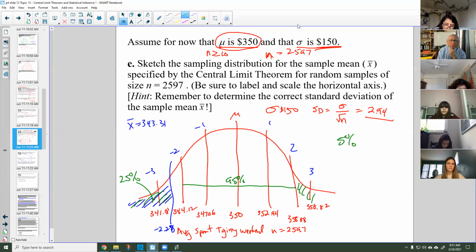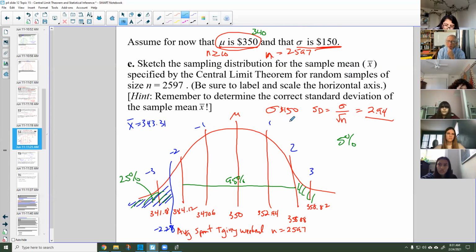So they're saying change this right here to be 340. Will my standard deviation change? Will my calculation of my standard deviation change? I don't think so.